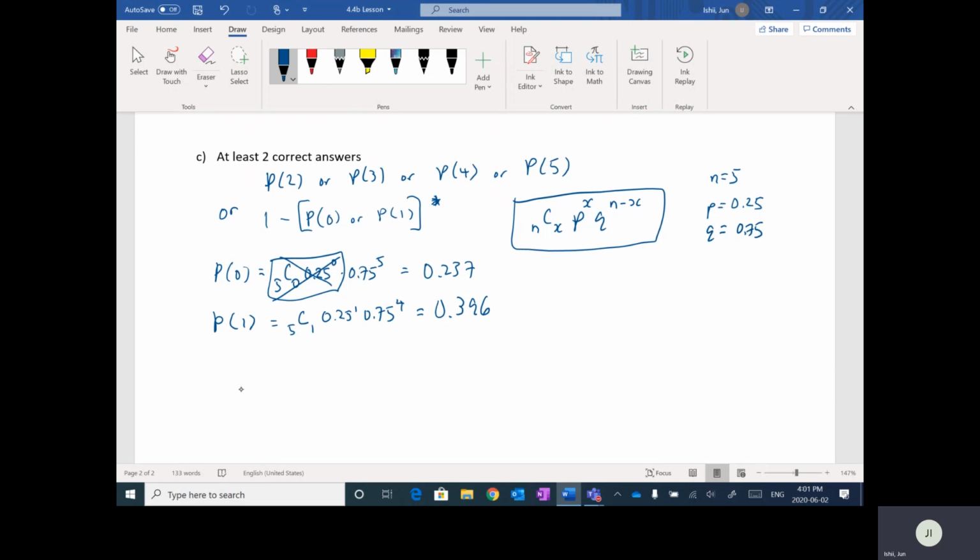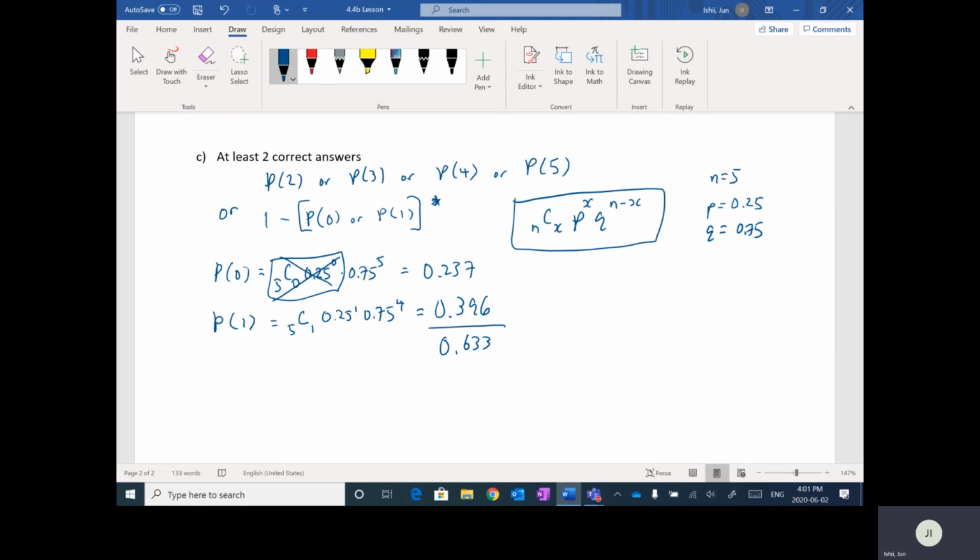So the probability of getting either 0 or 1 right is when we add these together: 0.237 plus 0.396 is 0.633. So you have a 63.3% chance of getting none right or one right if you were to guess all of them, which is more than 50% of the time.